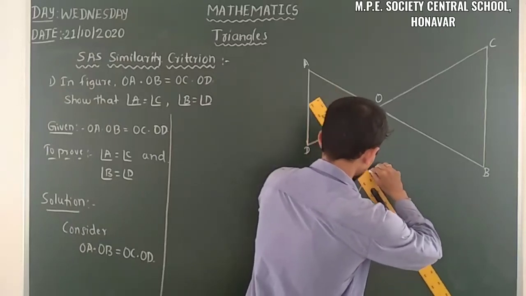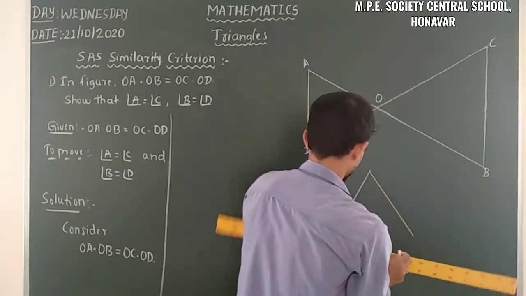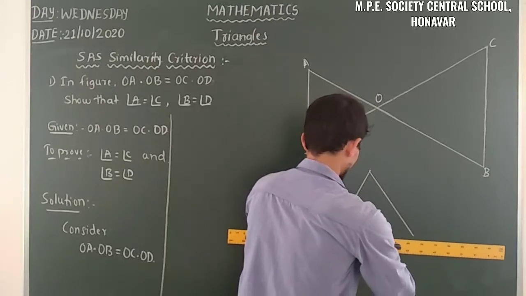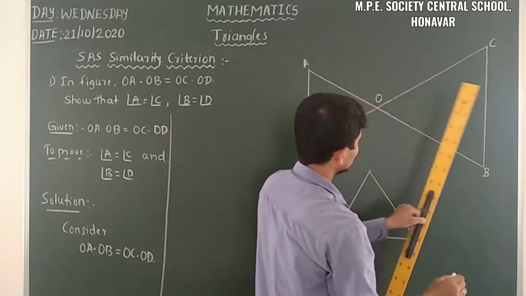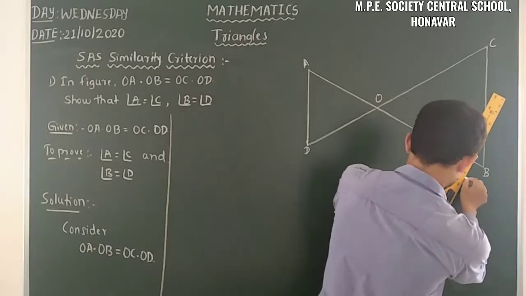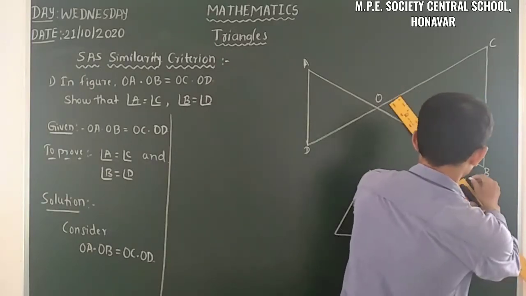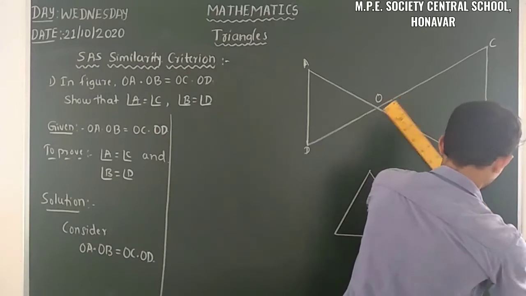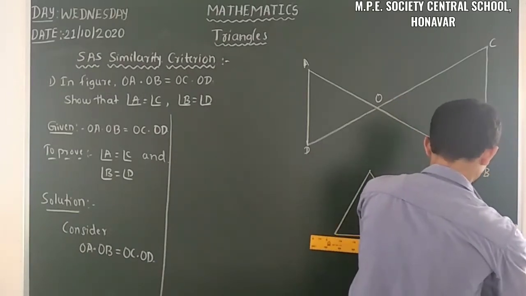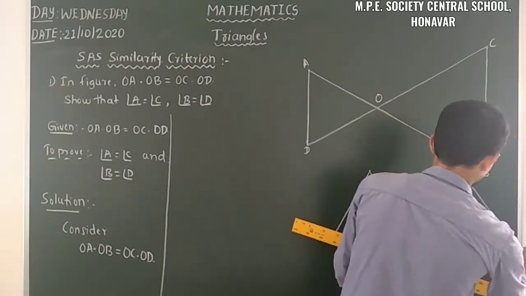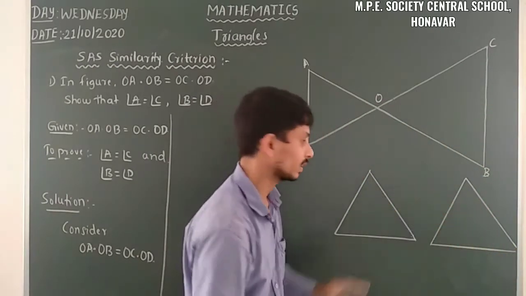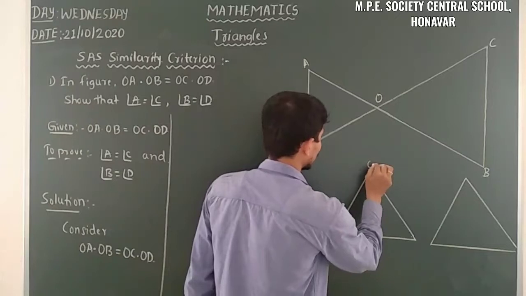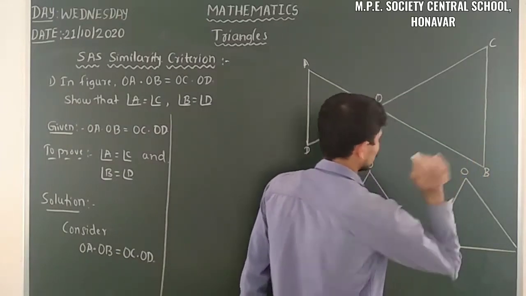I will take them like this. Here I will write those things. It is not joining here, so we have to join that. Here I will take O; O is common for us. No problem.